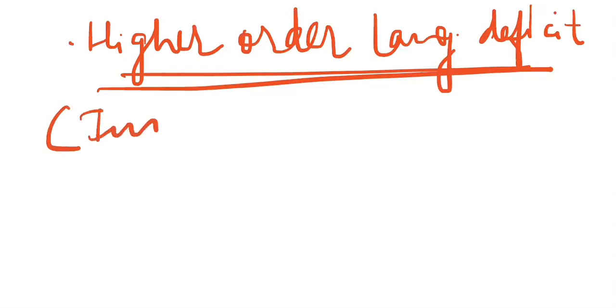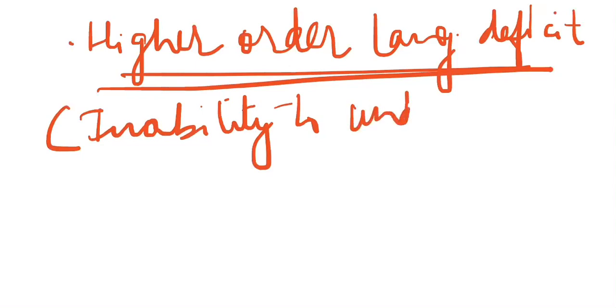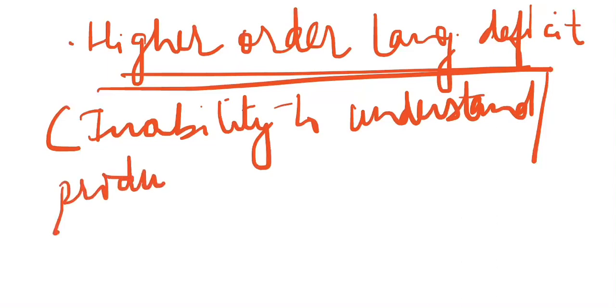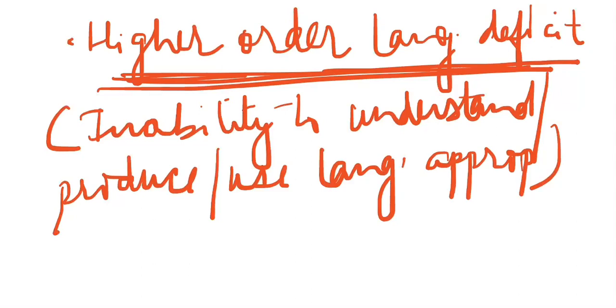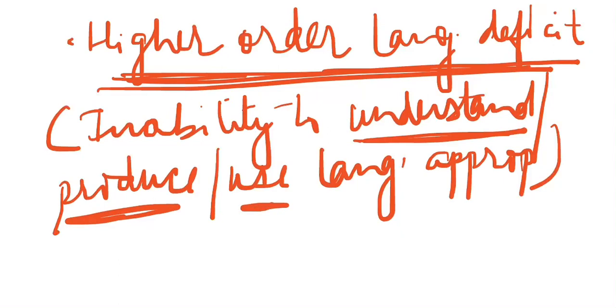It is the inability to either understand or produce or use language appropriately. That is the definition of aphasia. It is caused by pathology in the dominant or categorical cerebral hemisphere, that is usually the left side.